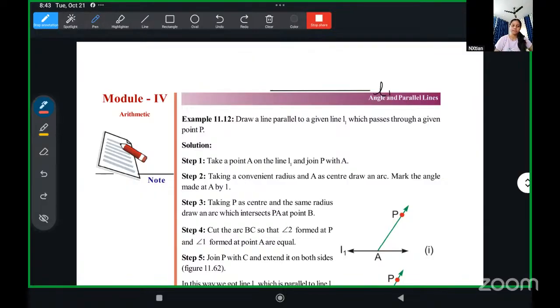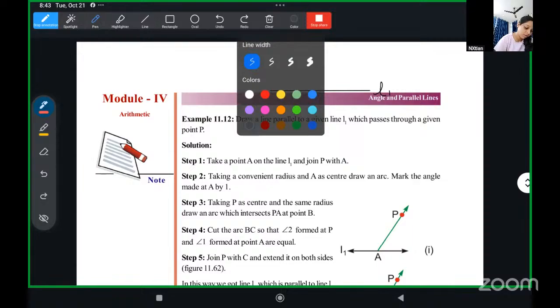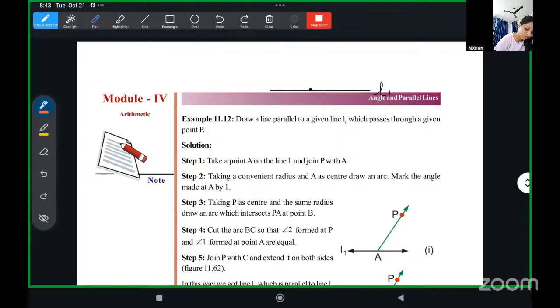Any radius. Mark a point A here. On the line, mark a point A. And a given point P will be there.